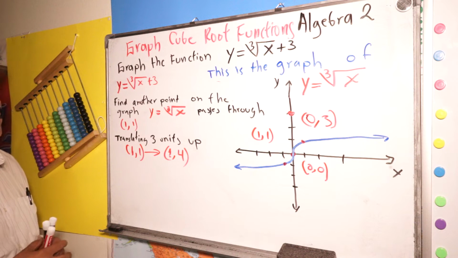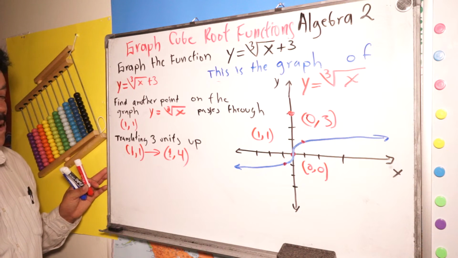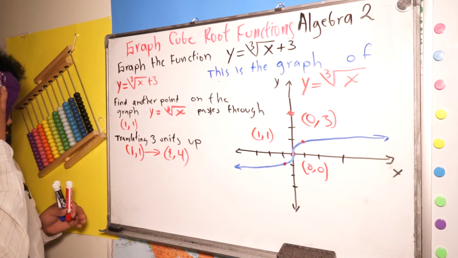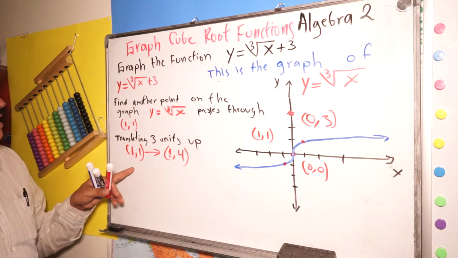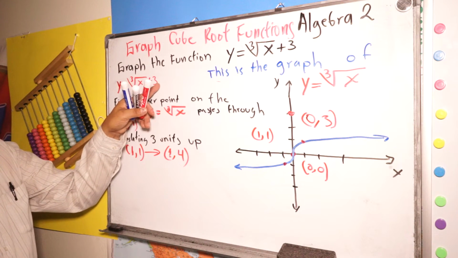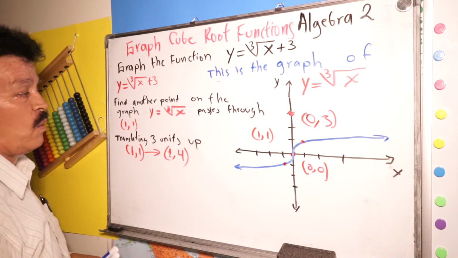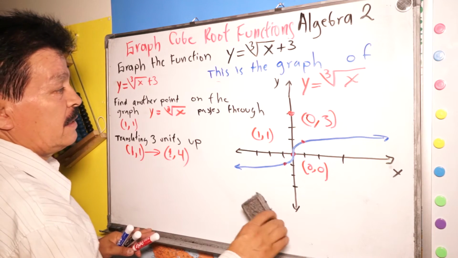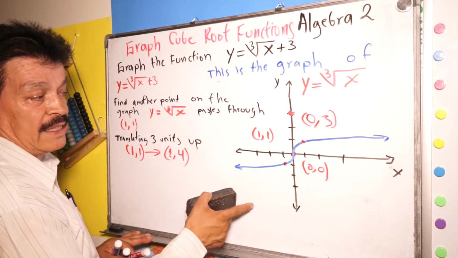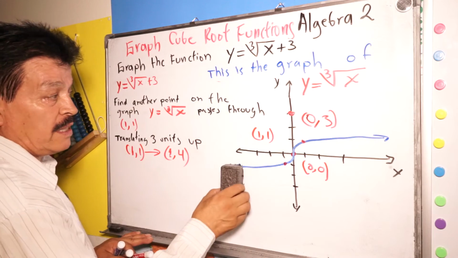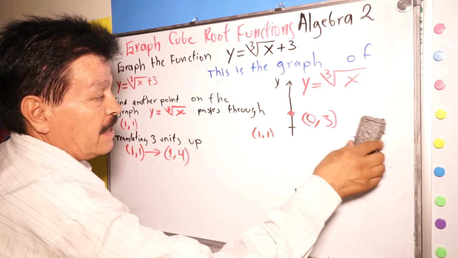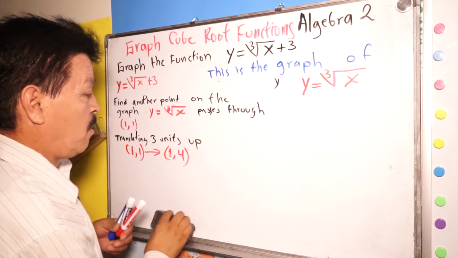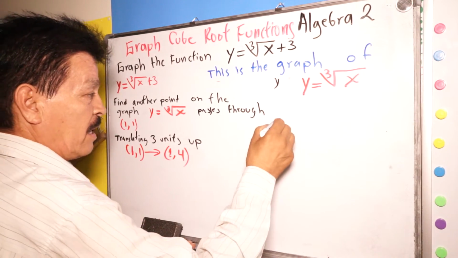Then the graph of this function should be in this way. Keep in your mind this graph. So now I want to erase this to make the graph of this function, the problem. Okay, this is our graph.